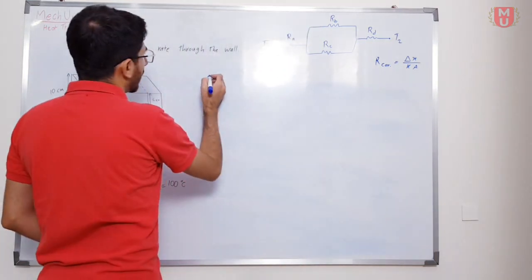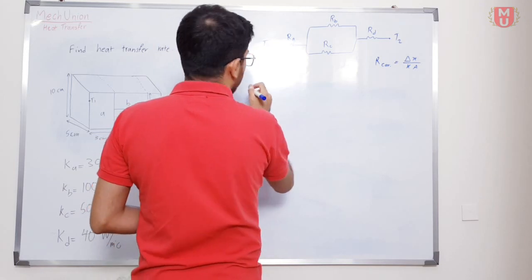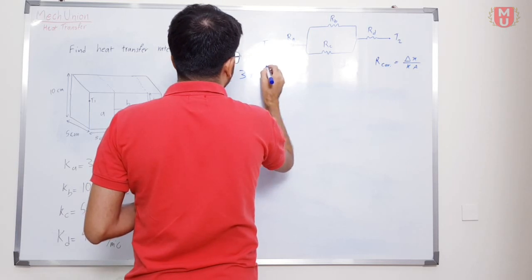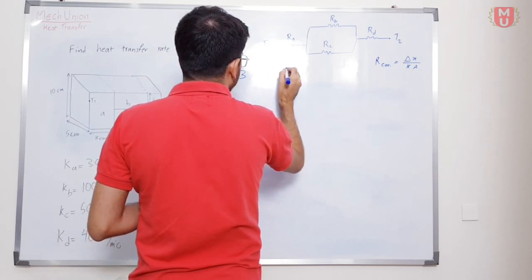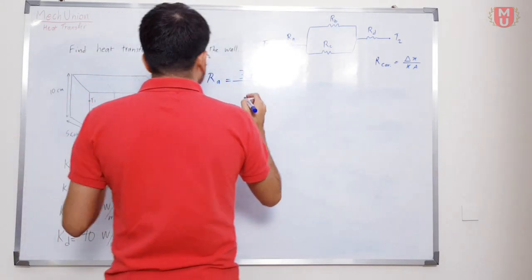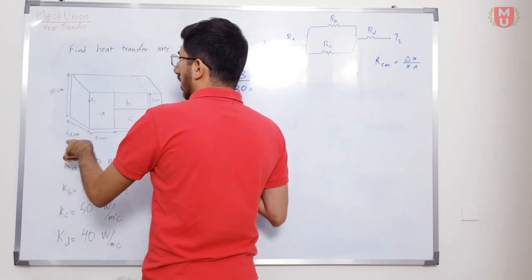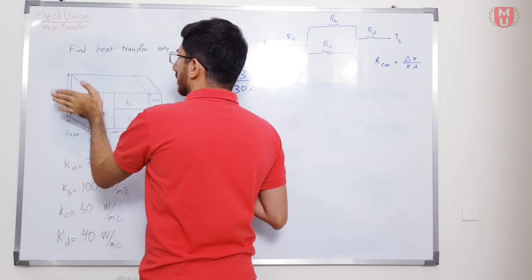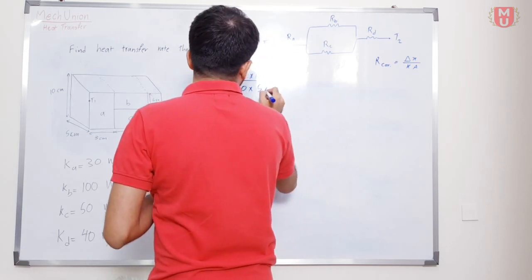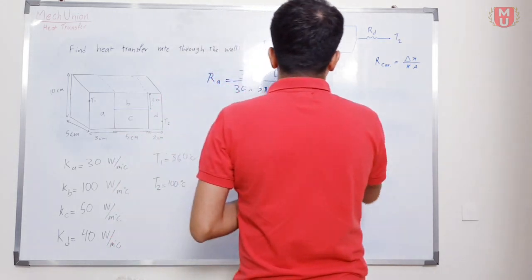Okay, for the resistance of A block, we have delta x, which is 3 times 10 to the power of minus 2 to make it in meter unit, and k equals 30 times A, which is 5 times 10, it's going through this surface, 5 times 10 times 10 to the minus 4.